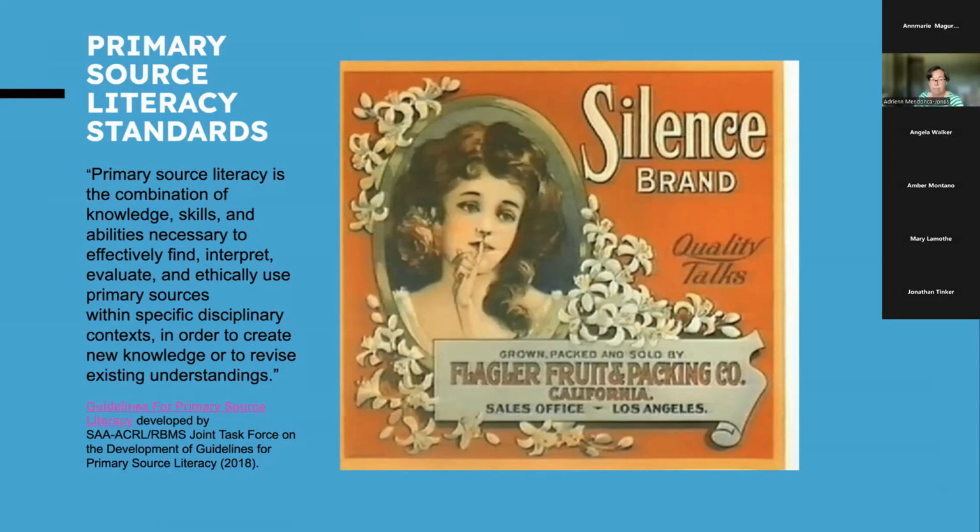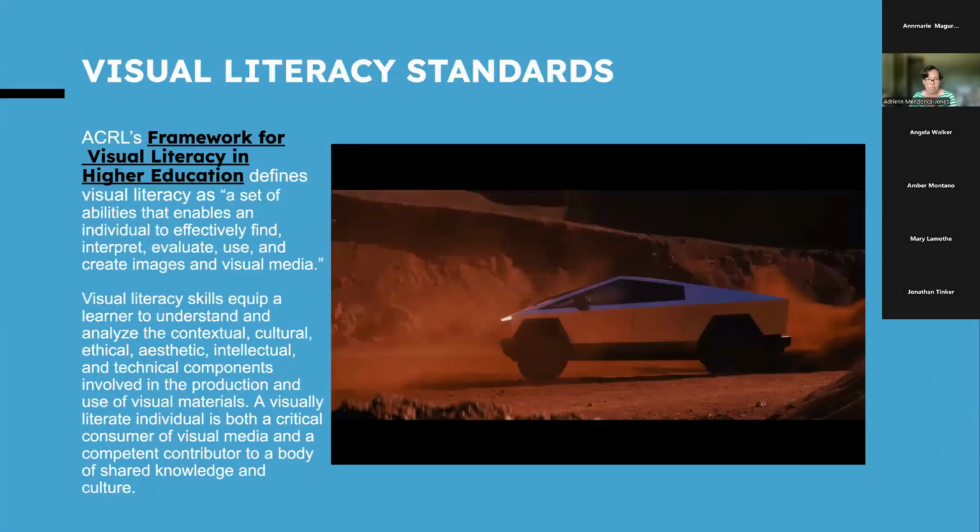Primary source literacy is essentially a combination of knowledge, skills, and abilities necessary to interpret, find, evaluate, and use primary sources within specific disciplinary contexts in order to create new knowledge or to revise existing understandings. And if you read that document, you'll actually see that they say that's not a great definition because it kind of sets things in stone, and it's not something that you actually can set in stone. Primary sources are variable and need to be treated as such, even in terms of how we define them.